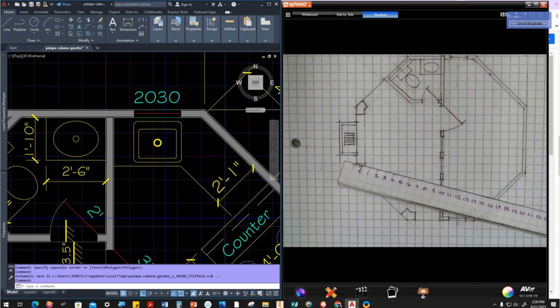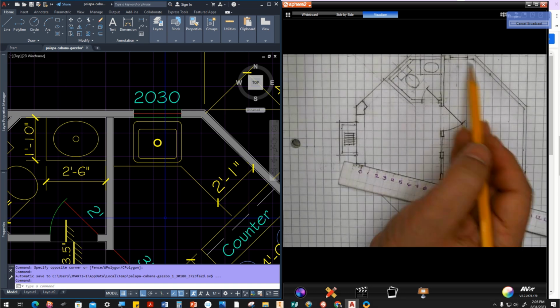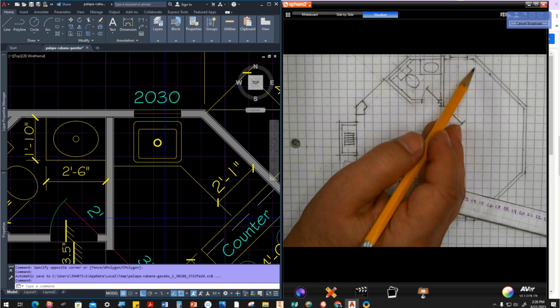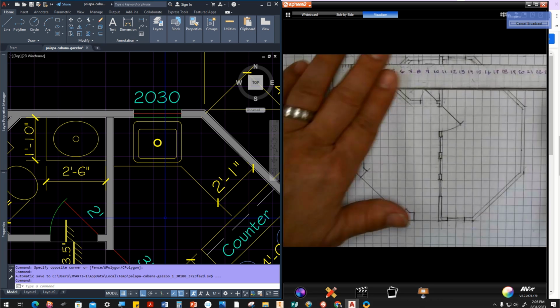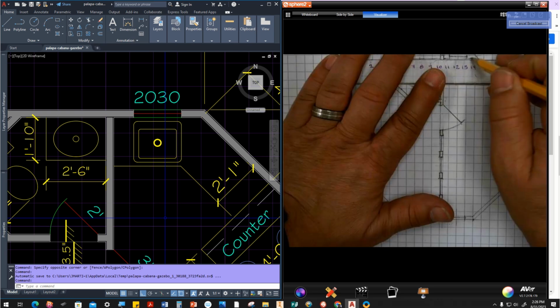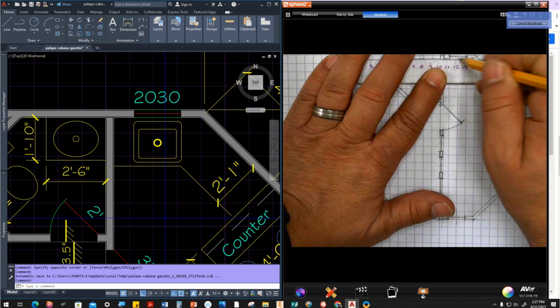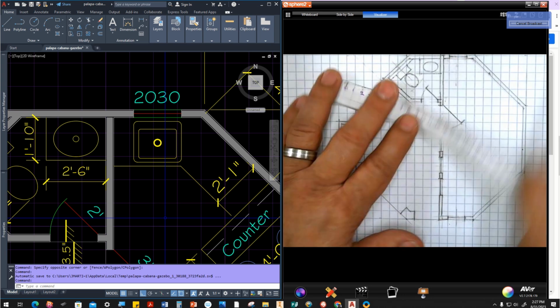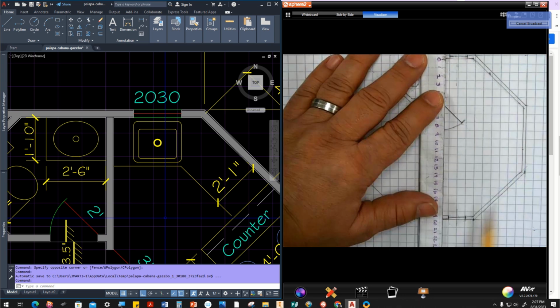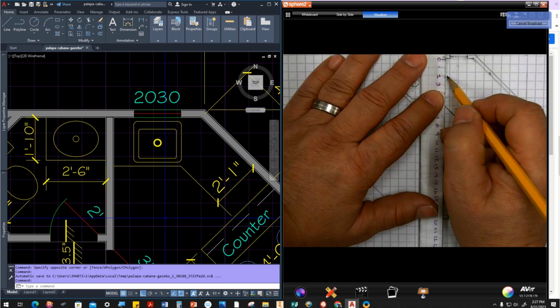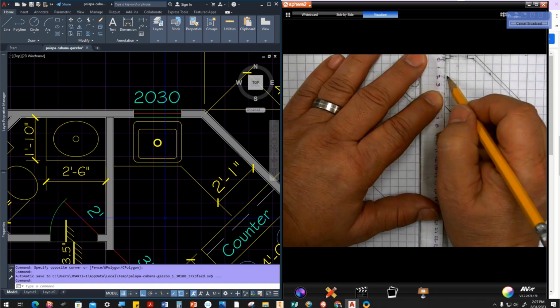Now, how are you gonna make that 2 feet 1 inch deep cabinet? You need two parallel lines. One parallel to this wall, another parallel to this wall. Offset, two offsets. So if I measure 2 feet, just add what you think is 1 inch.